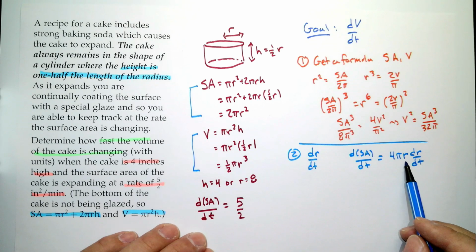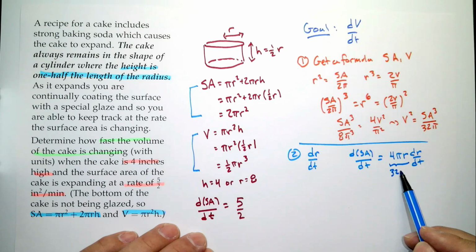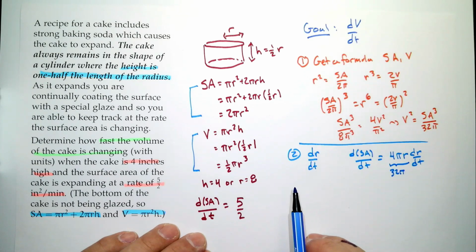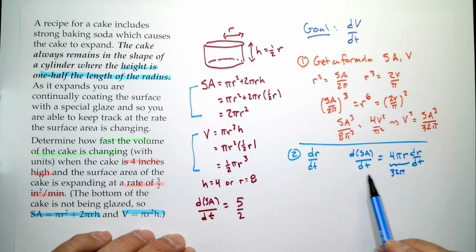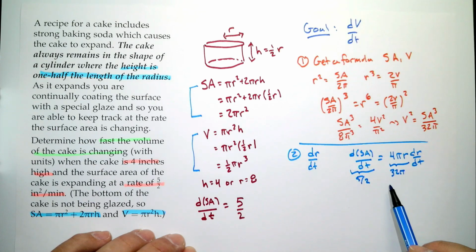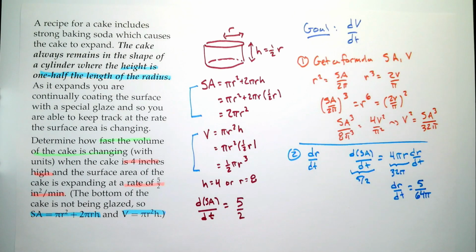We know r is 8, so this 4 pi r becomes 32 pi. And we know dsa dt, because it's right here. That is 5 over 2. So we can take this information and solve. We can get that dr dt is equal to 5 over 2 divided by 32 pi, which makes it 5 over 64 pi. Okay, so there's our dr dt.